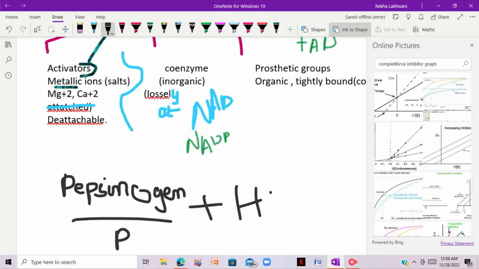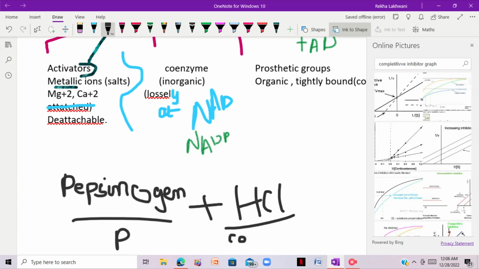This is basically a coenzyme. Let me tell you: pepsinogen is basically the protein part, and it combines with HCl, which is a non-protein part and is actually a cofactor.